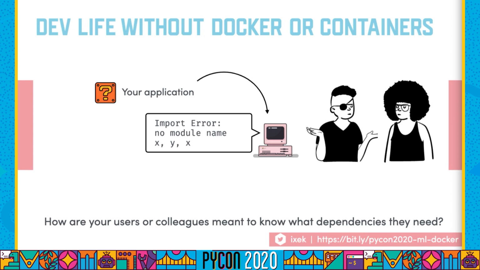Or what about you developing your applications on Ubuntu, and somebody else was using Red Hat, or was using Debian, or Windows? How are people going to know what dependencies they need, or what environment they need, or configuration files if you're not explicit about it?